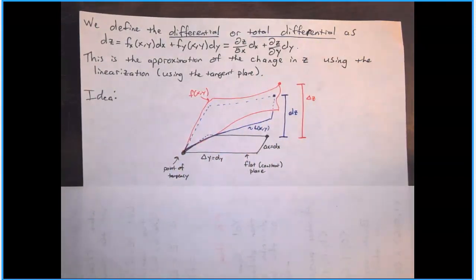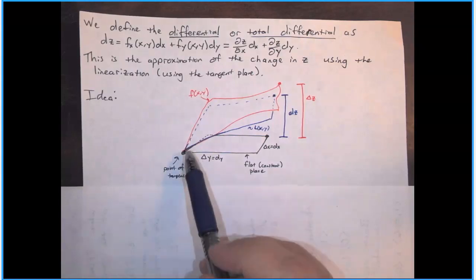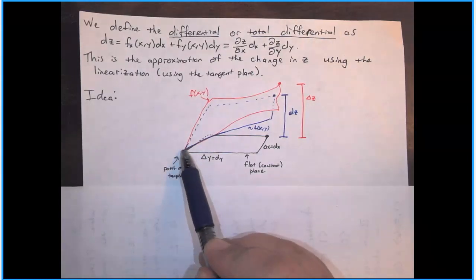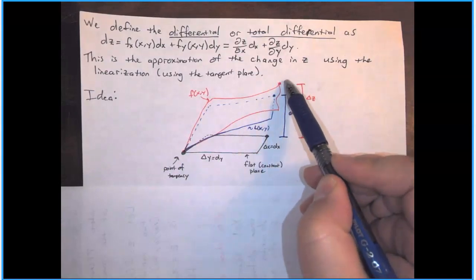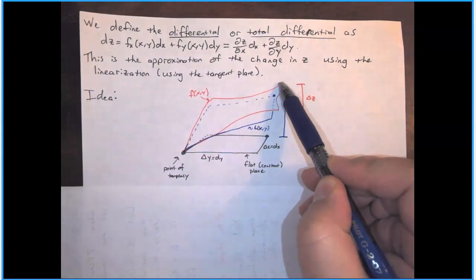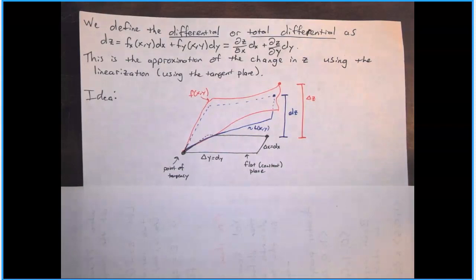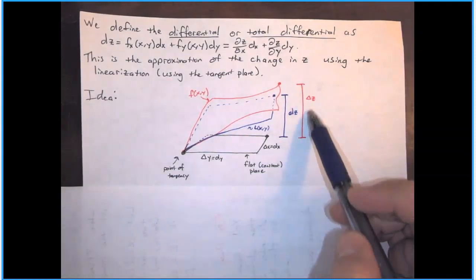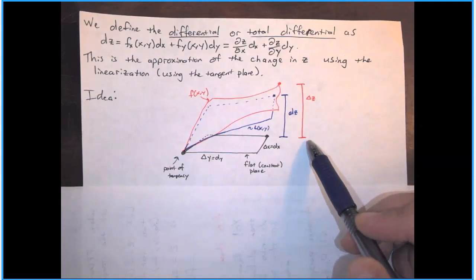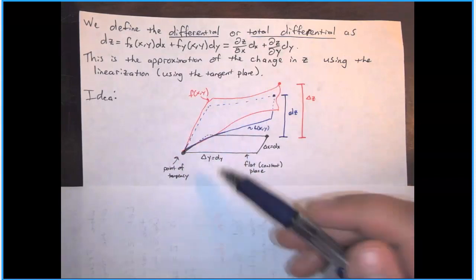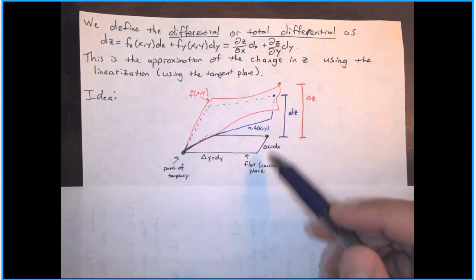This is f of x, y. And we want to know, okay, if I start at this point and I end up at this point over here, what was the change in my function value? So if I use the increment, that exactly gives me this change. Right here it's a positive value because we went up, but it could be negative if the z value went down instead of up.